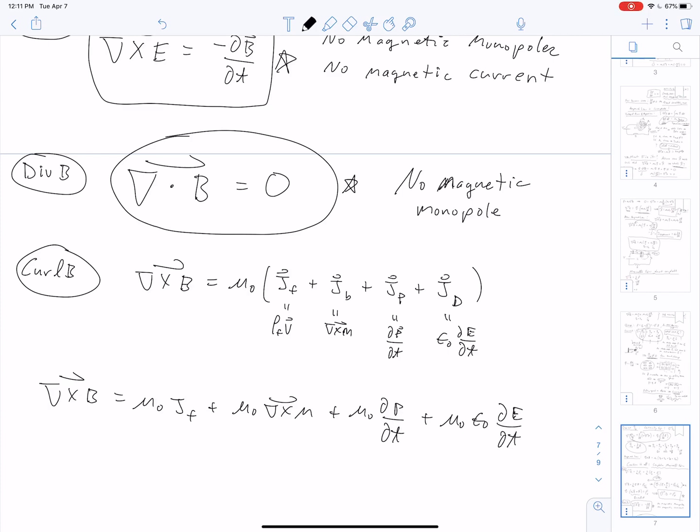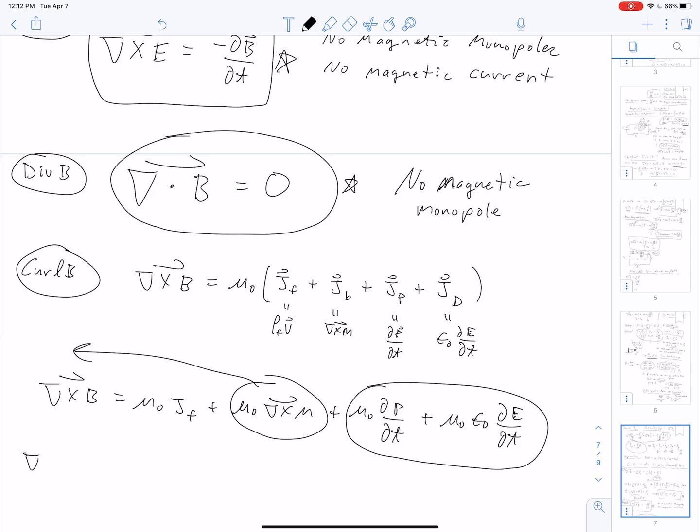And what we're going to do is combine these guys, and pull this guy over to the other side. And then what we also want to do is divide everything by mu naught.